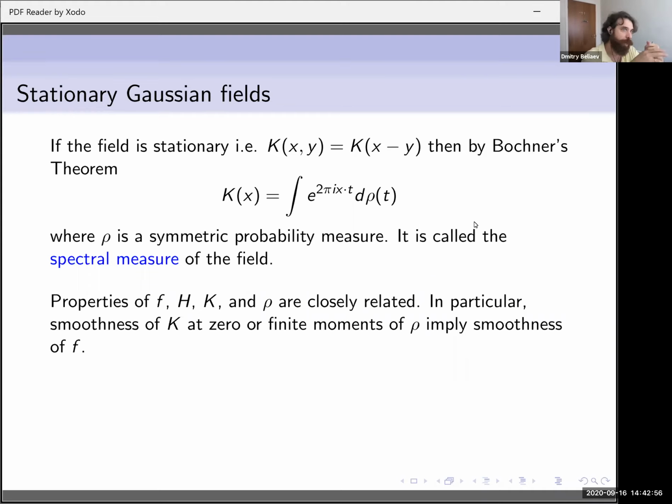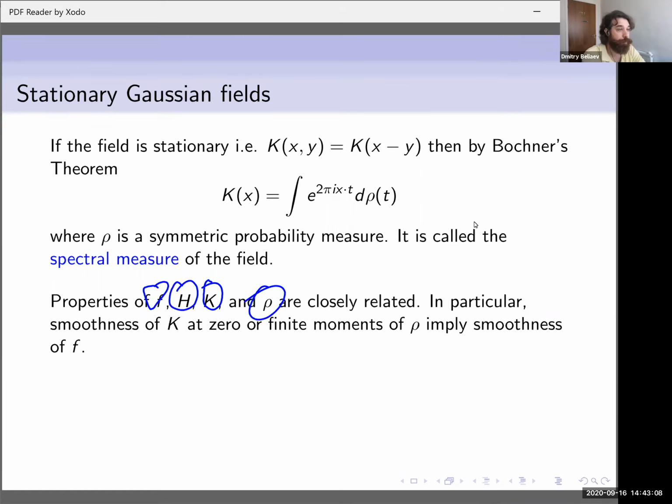spectral measure. And now we have several objects. So we have our field F, we have Hilbert space, we have covariance kernel, and we have spectral measure. And if you know one, then you know all of the others. And sometimes properties are easier to describe in terms of, say, spectral measure.